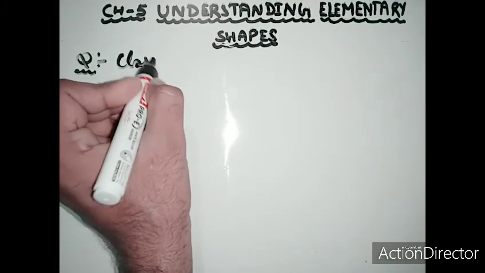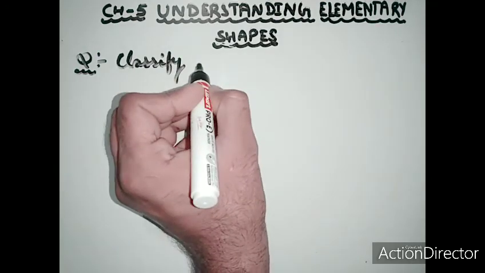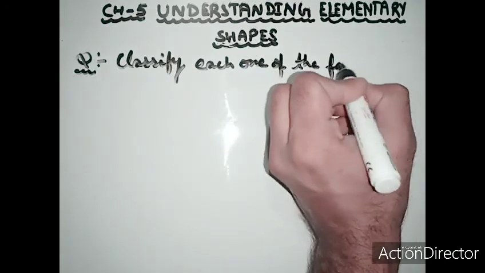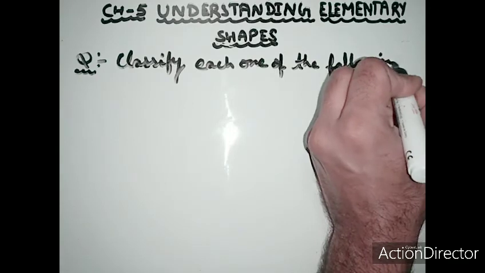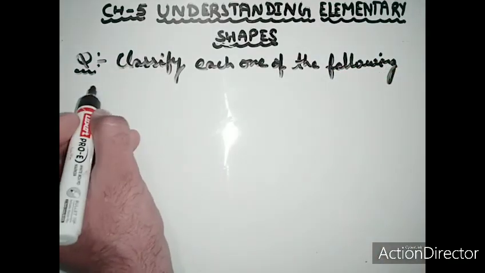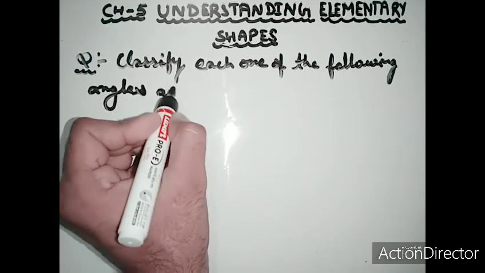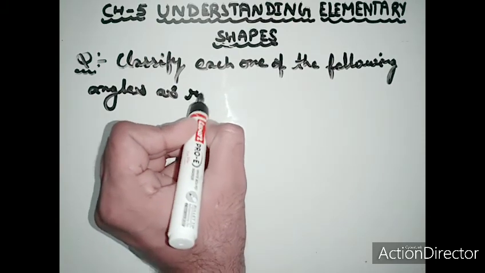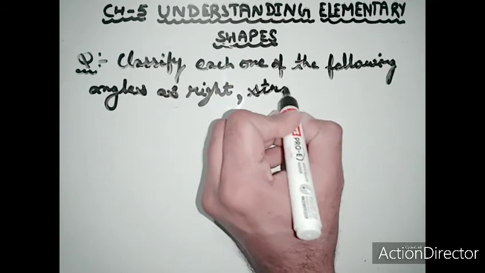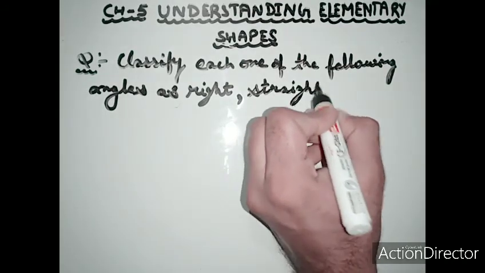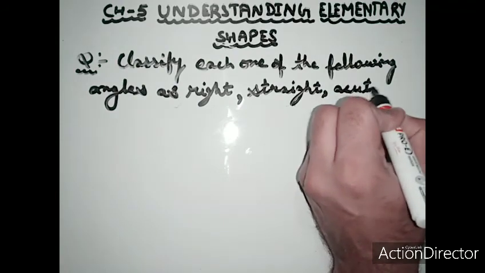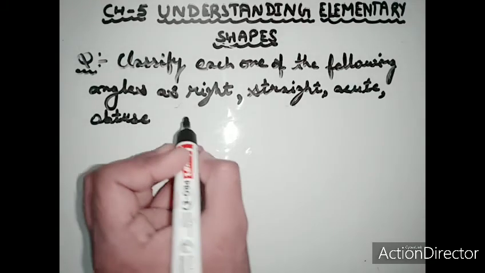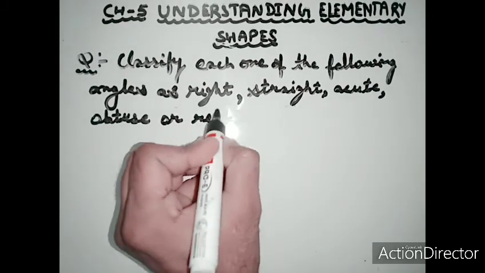Here the question is, classify each one of the following angles as right, straight, acute, obtuse, or reflex.